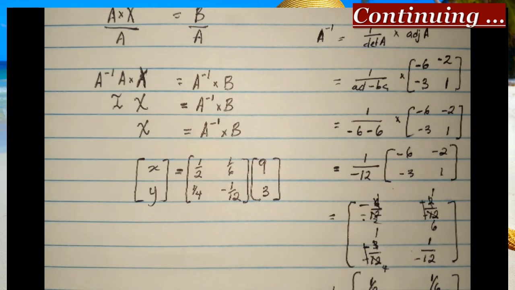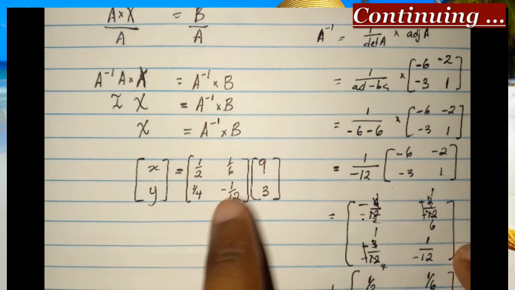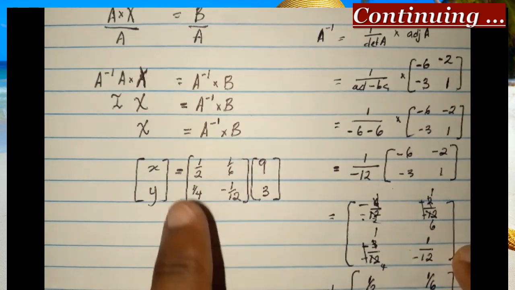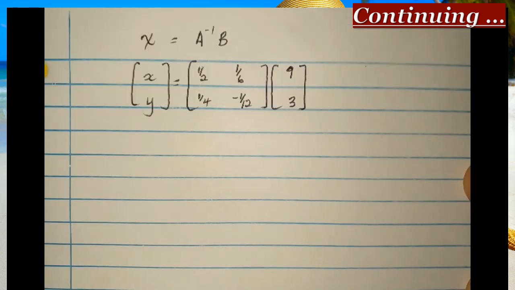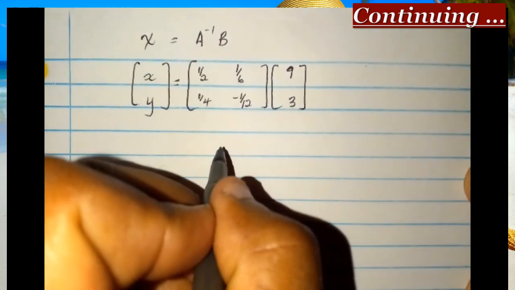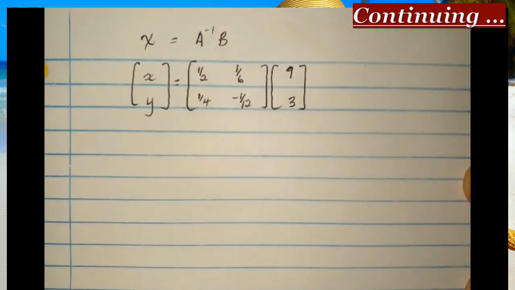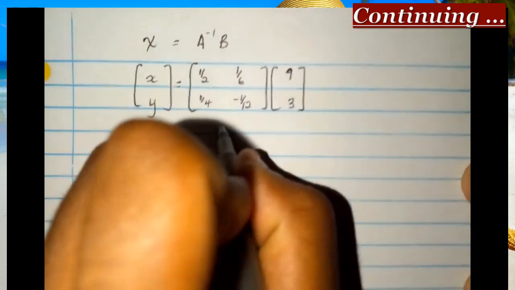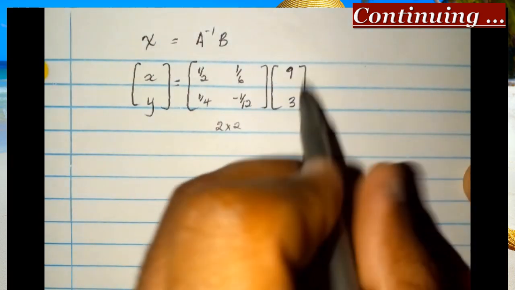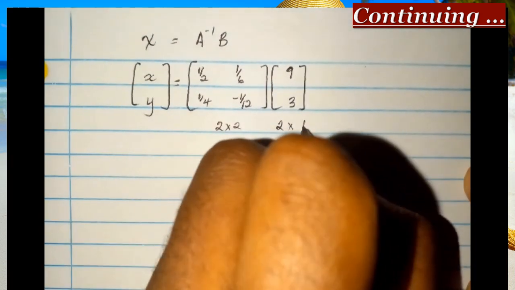Now what's left is for us to actually multiply these matrices out to get a single value for X and Y. So here we are. Let's begin to multiply. So the first thing you want to check is that they're compatible, or conformable. And we have to write down the order. So this is a 2 by 2 matrix. And this is a 2 by 1 matrix.